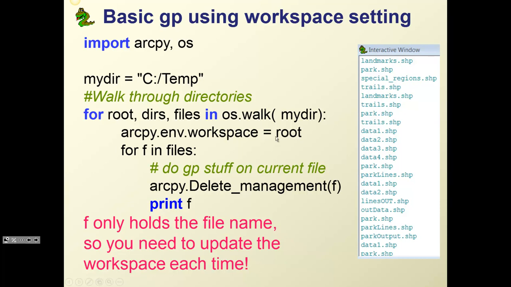Okay, so your root is going to be, originally, your top directory, and then it's going to be your next directory. So you want your workspace, since ArcGIS just handles workspace as a current directory, you want your workspace to be updated. Then your arcpy tool will know where that F is.